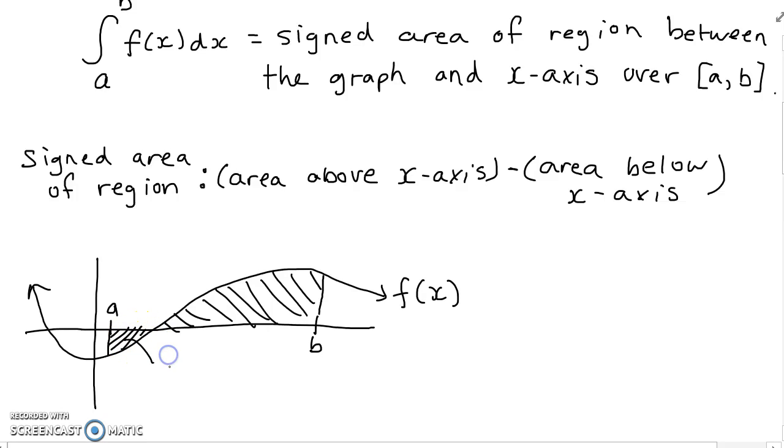This part would be negative because it's below the x-axis, and this part would all be positive. So it's the area above the x-axis, which is all of this in here, minus the area of this, that gives us our total.